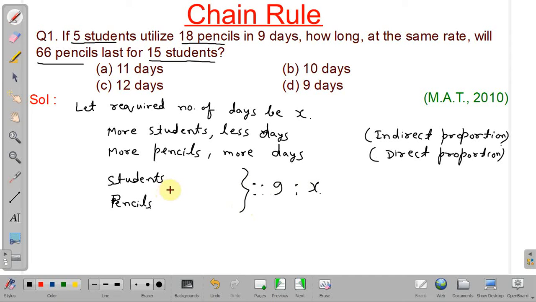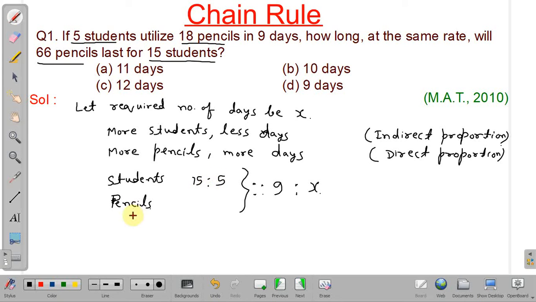Now which students, it is indirect proportion. Okay, so when number of days is 9, number of students is 5. As these are indirect proportion, so 5 will be here and 15 will be here. If it would have been direct proportion, in place of 5 we should have written 15 and in place of 15 we should have written 5.